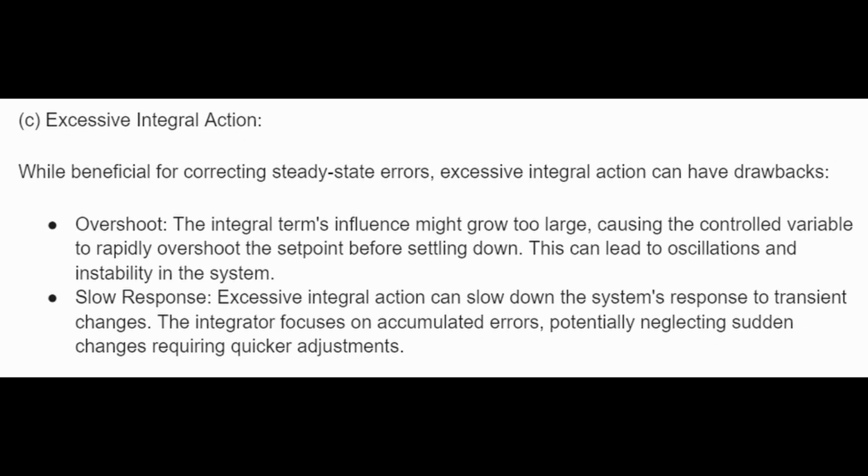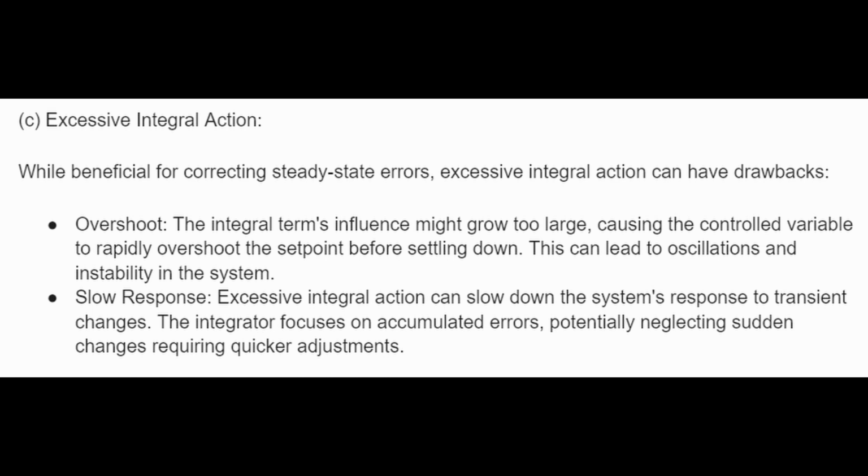C. Excessive integral action. While beneficial for correcting steady state errors, excessive integral action can have drawbacks. Overshoot. The integral term's influence might grow too large, causing the controlled variable to rapidly overshoot the set point before settling down.